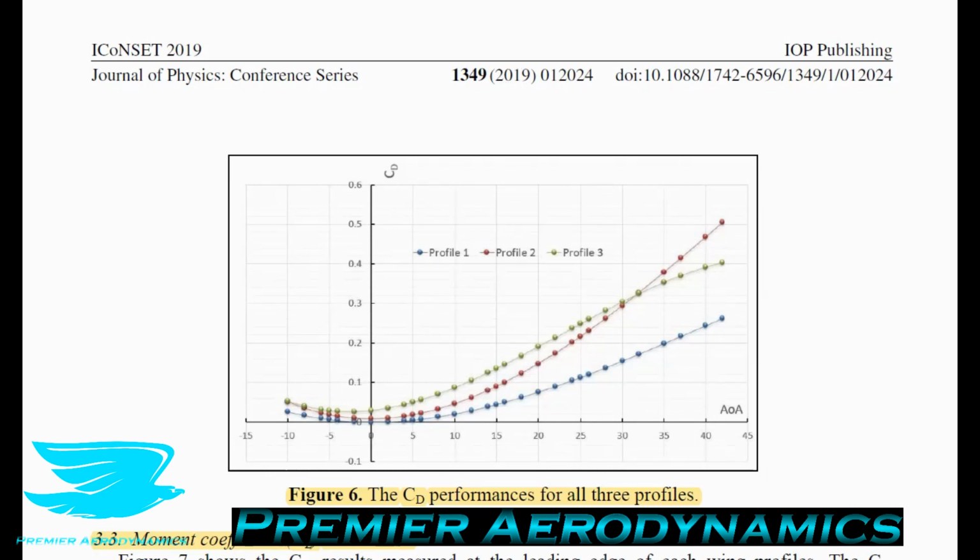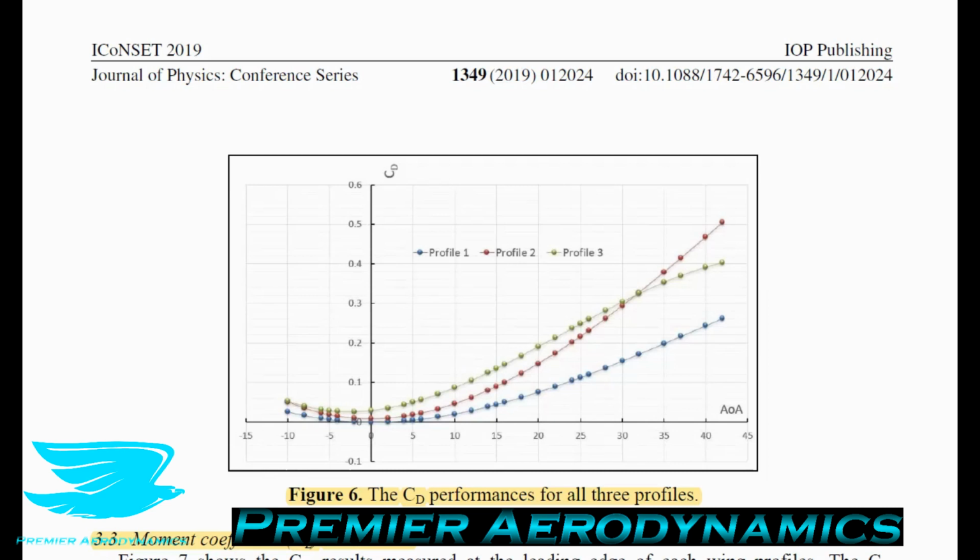But generally around 0 degrees is when you're going to get the lowest drag coefficient. And then you're going to get to a point where stall starts to kick in, and then the drag coefficient is going to jump really high. And that's because you get a huge pressure drag coefficient, which is due to a much greater pressure at the front of the airfoil compared to the back, which produces a force.